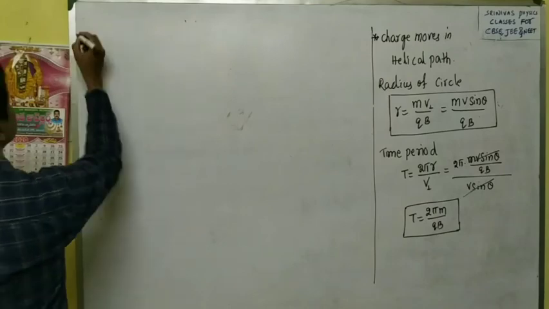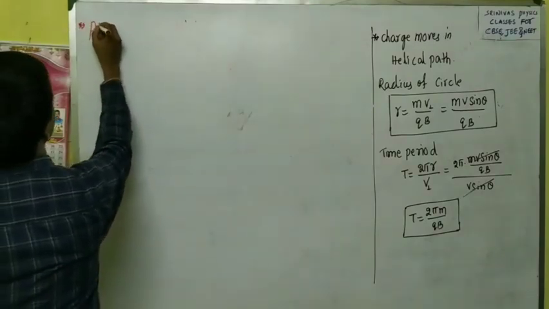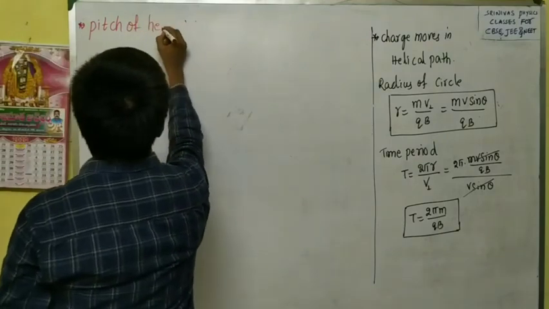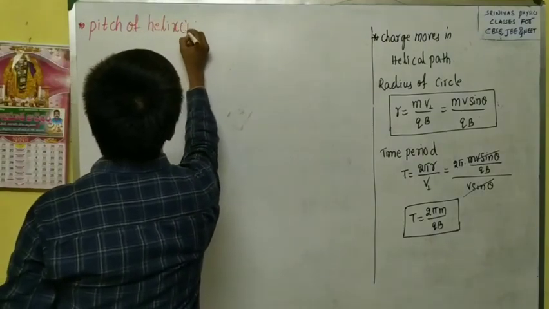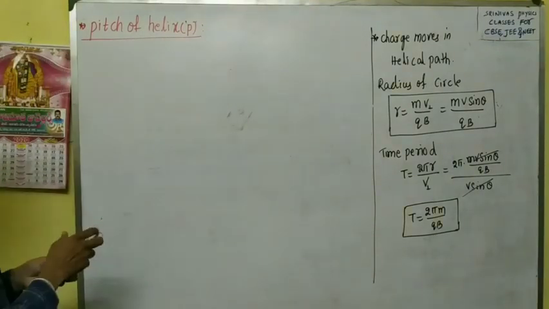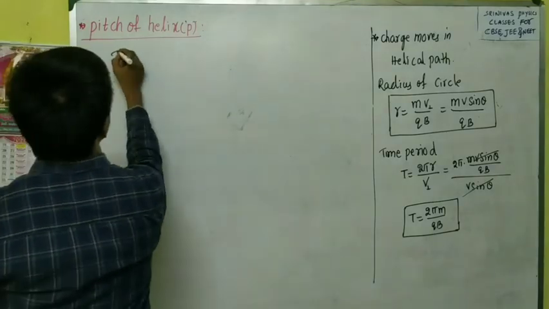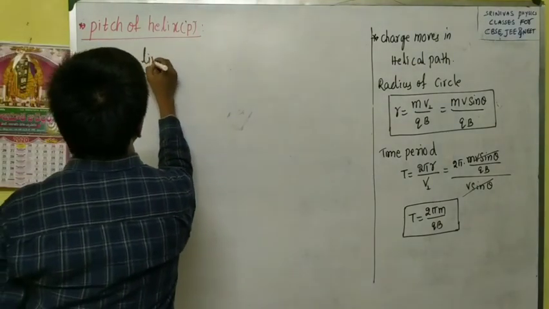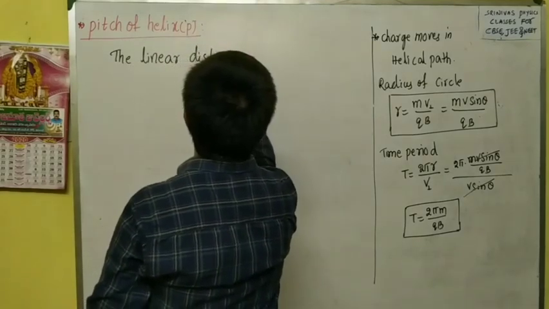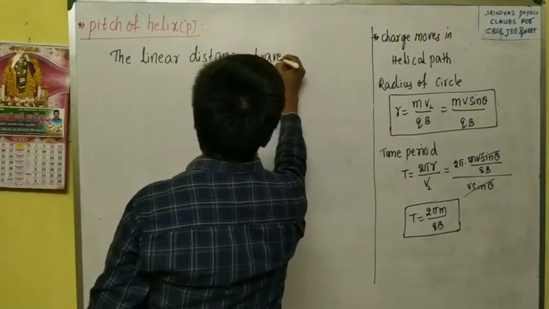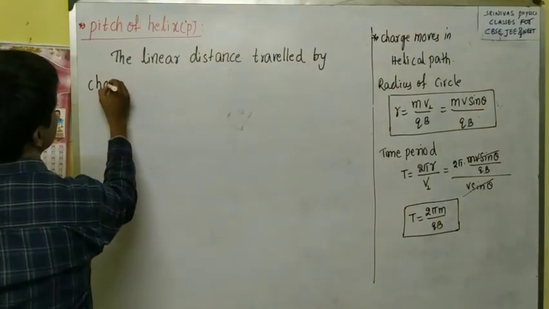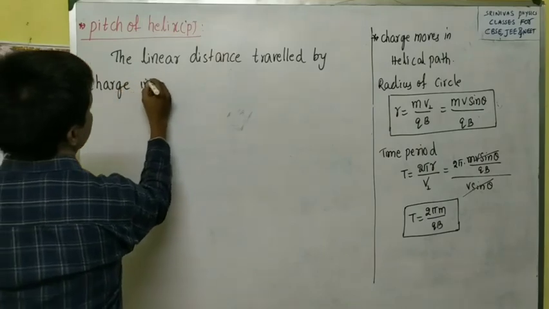Look here, the next side heading is pitch of helix. The charge is moving in a helical path. Then what is pitch of helix? Pitch of helix is the horizontal distance or the linear distance travelled by the charge in one rotation.